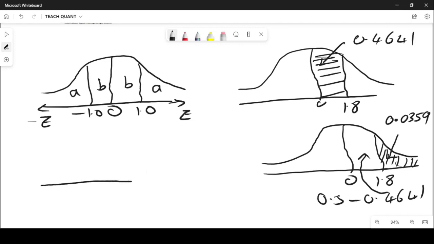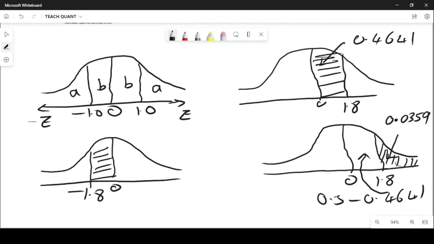Now if somebody gave me this and said, okay, now I have a value on the negative, so I give you negative 1.8 and I tell you to get this. So you go to the tables, because the tables are only on the positive side. Remember, it is the z value that is negative, not the area or the probability.